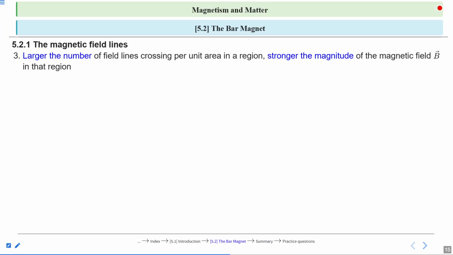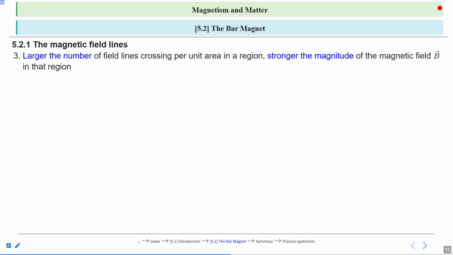So the third property: the larger the number of field lines crossing per unit area in a region, the stronger the magnitude of the magnetic field B in that region. So where magnetic field lines are closely spaced, that region has a strong magnetic field, and where magnetic field lines are farther apart, that region has a weak magnetic field.